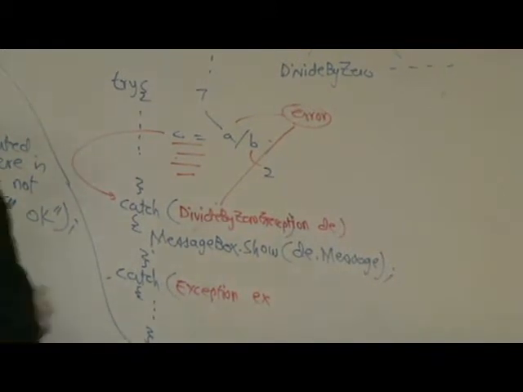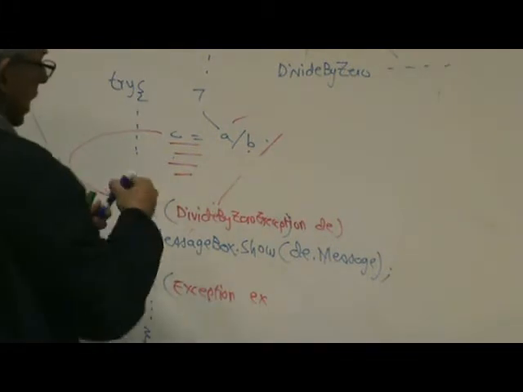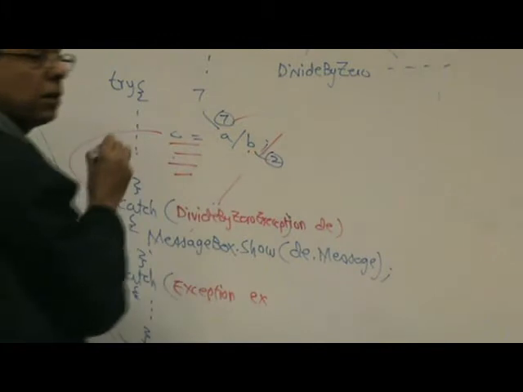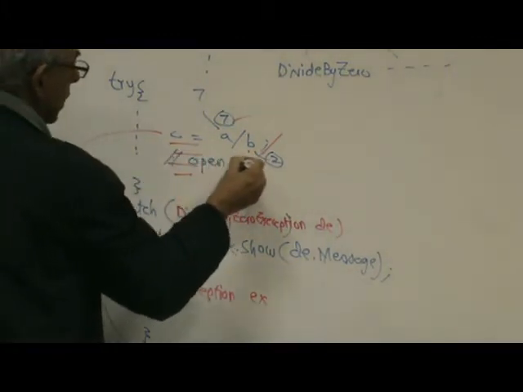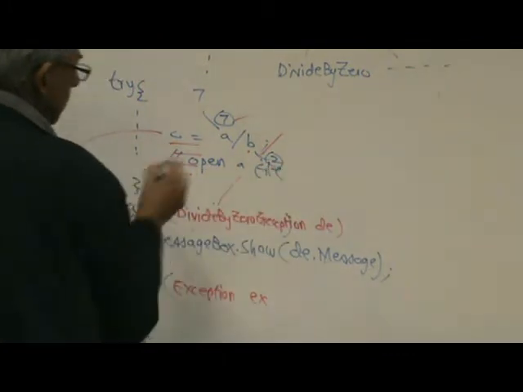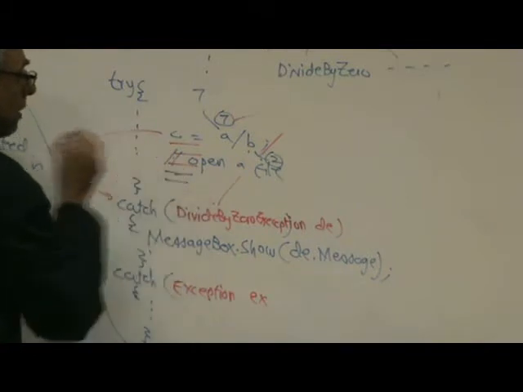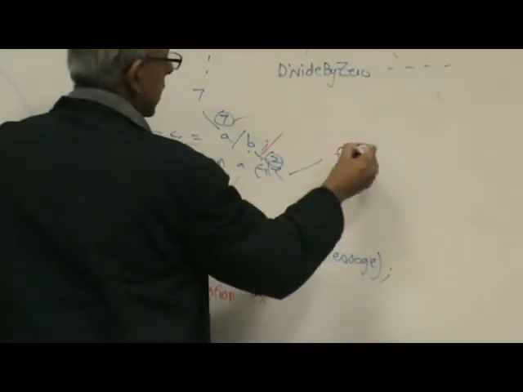So to give you an example now, suppose A was 7, B was 2, so obviously there's no error over here. Now we try to open a file over here. I haven't shown you how to process files, but let's pretend our code tried to open a file for reading. And let's pretend the file does not exist.